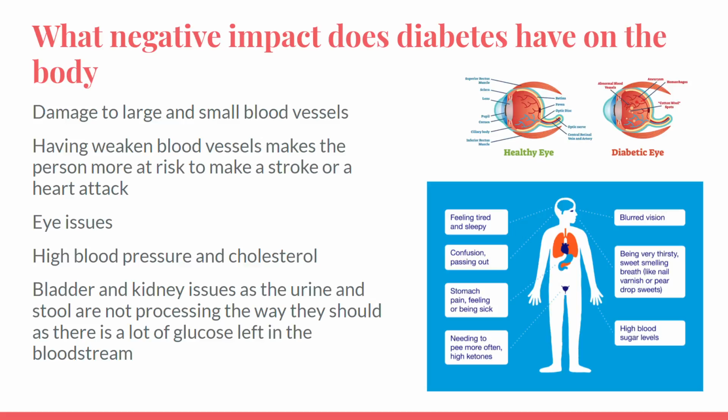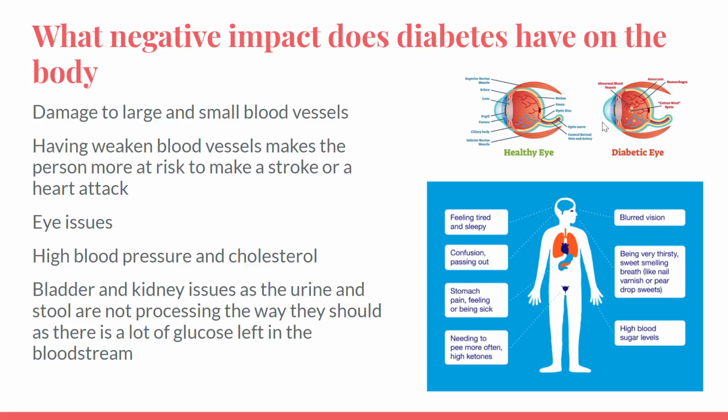High blood pressure and cholesterol are also another common effect of diabetes. There's also bladder and kidney issues, as the urine and the stool are not processing the way they should, as there's a lot of glucose left in the bloodstream.